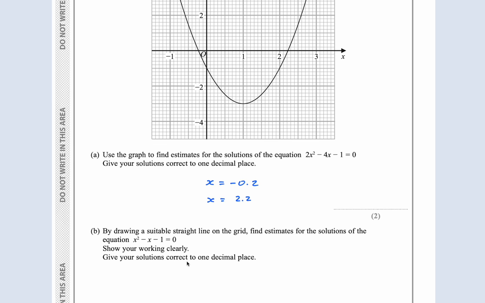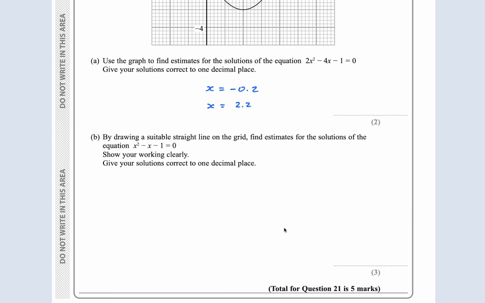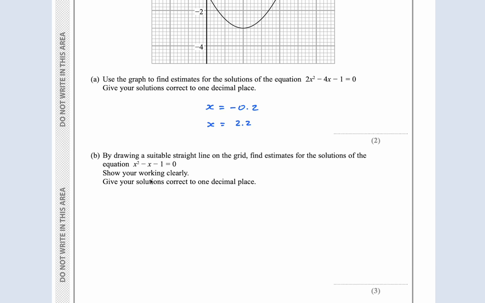Okay, then he says, by drawing a suitable line, okay, these questions are hard, guys, there's 3 marks. By drawing a suitable line on the grid, find estimates for the solutions of this equation, x squared minus x minus 1 equals 0. Show your working clearly.